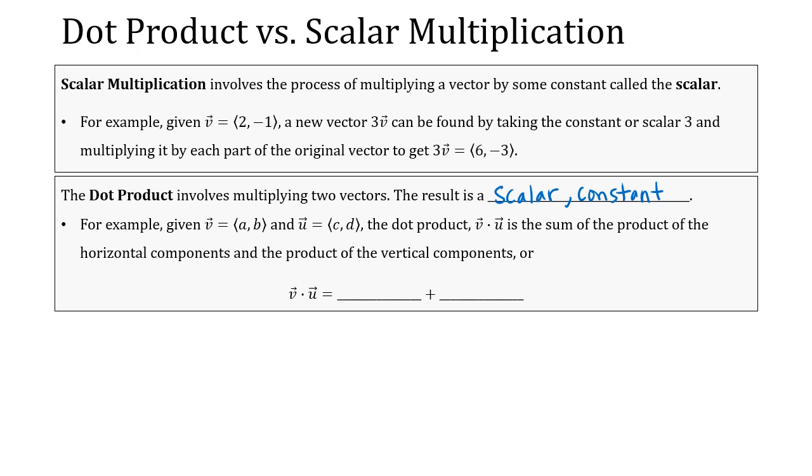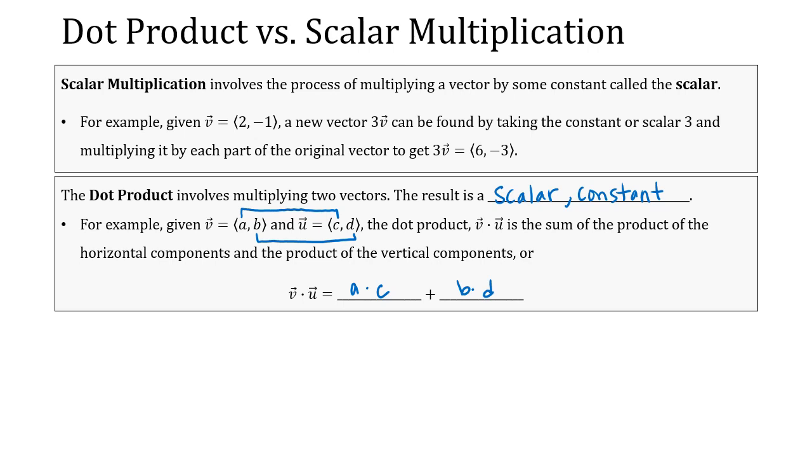Or we could say that the dot product would be equal to a times c, so those are the horizontal components, plus b times d.